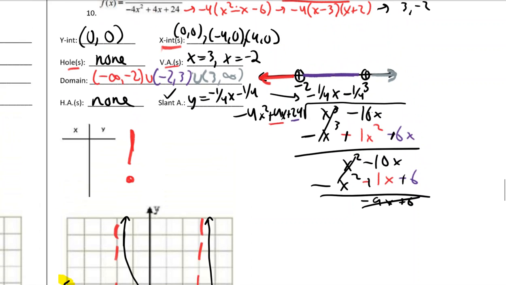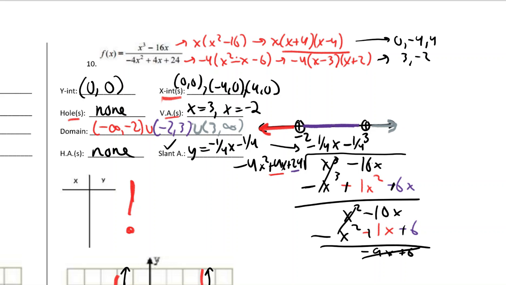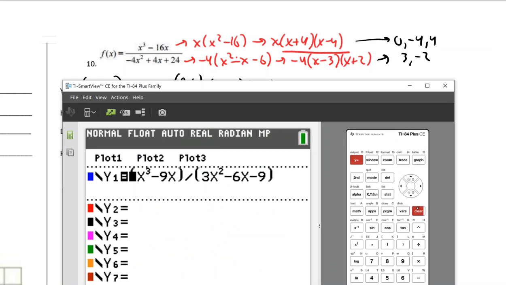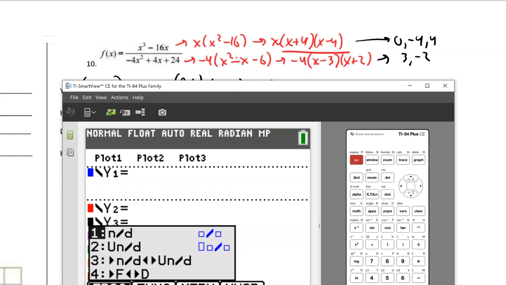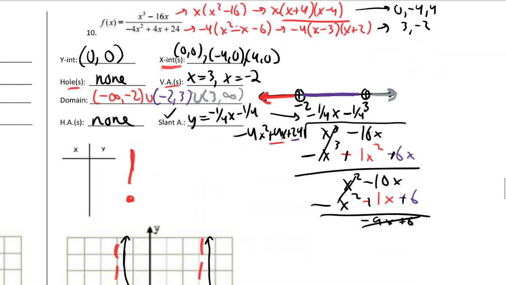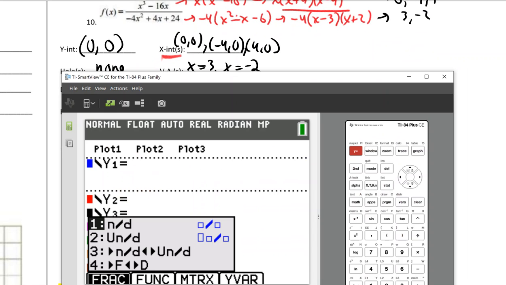Okay, and of course we want to try to graph this guy, make sure the graph looks okay. If it doesn't look okay, then it at least gives us a few hints about what we might need to reevaluate.